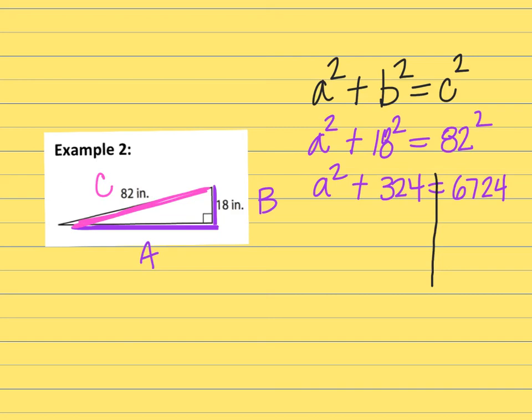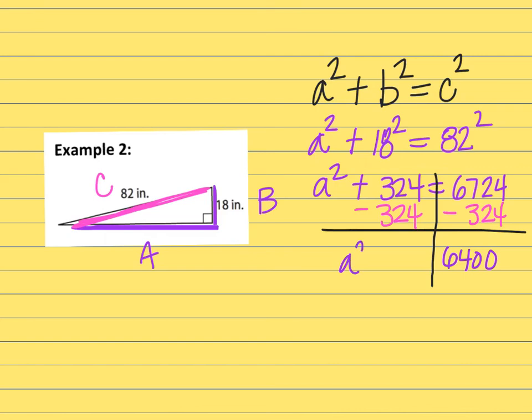Now I'm going to continue to work this out like a regular equation. If I don't know what number to add, I would do the opposite, and I would subtract 324. So that's what I'm going to put underneath here: minus 324, minus 324, just like when we saw basic equations. After I subtract, the amount that I get is going to be 6,400.